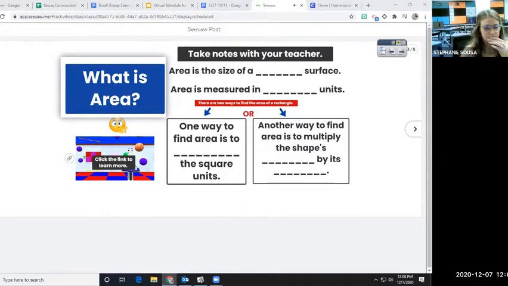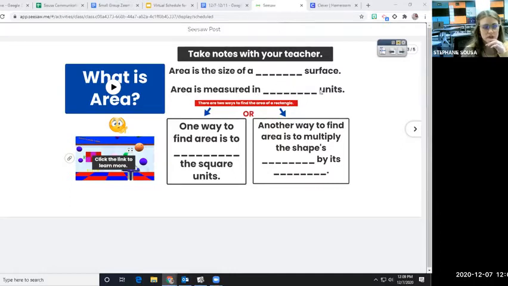So to see some more detailed information about what area really is, there's a video I'd like for you to watch. On this page, there are also several fill-in-the-blanks. I would like for you to carefully listen as the video is being played and see if you can fill in each one of these blanks. Okay, so the blanks that we're going to listen for: area is the size of a blank surface.